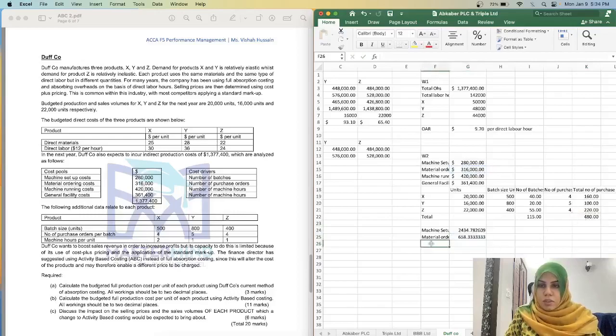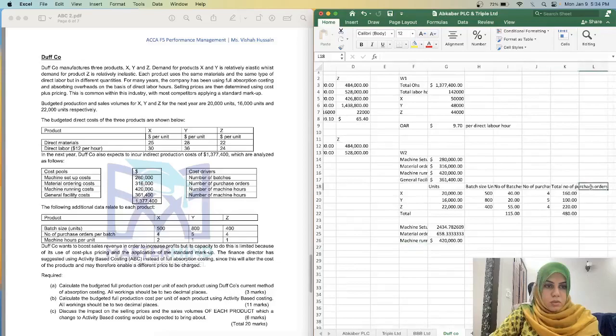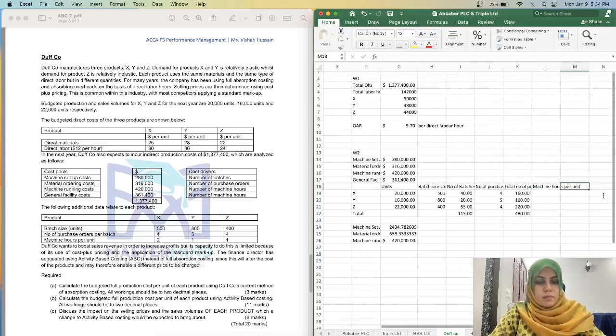Then we have machine running cost. So for machine running cost, 420,000 divided by number of machine hours. Now since we do not have number of machine hours right now, let's quickly compute it. So machine hours per unit, total machine hours.